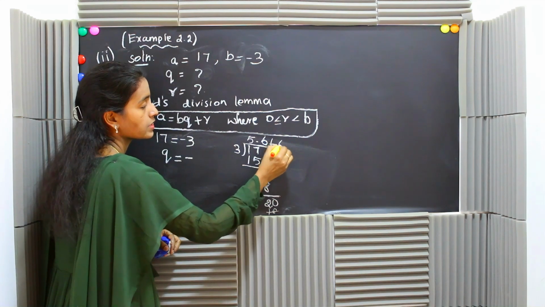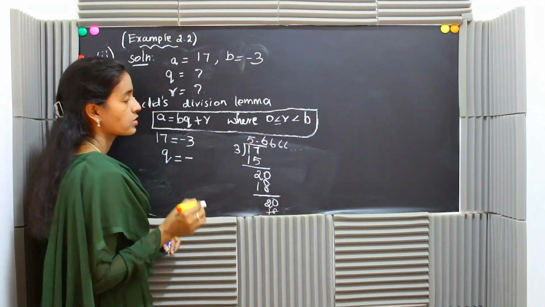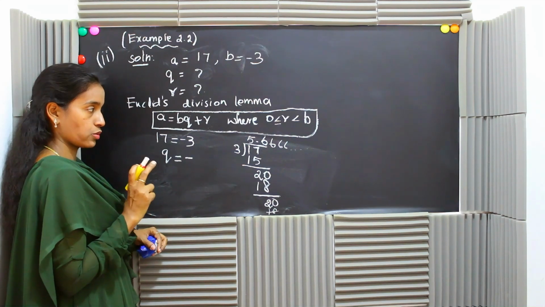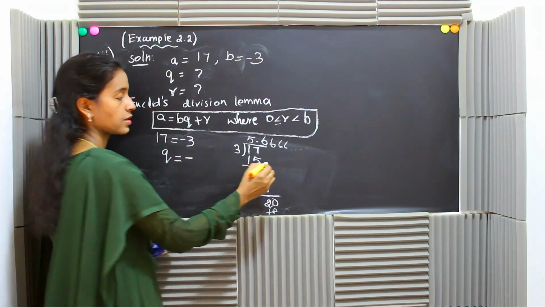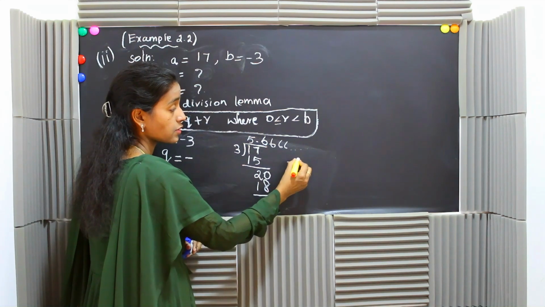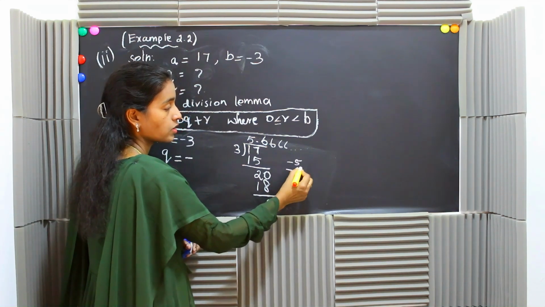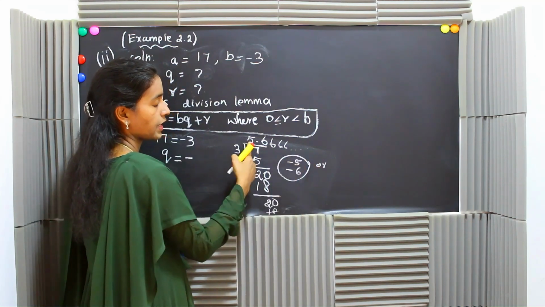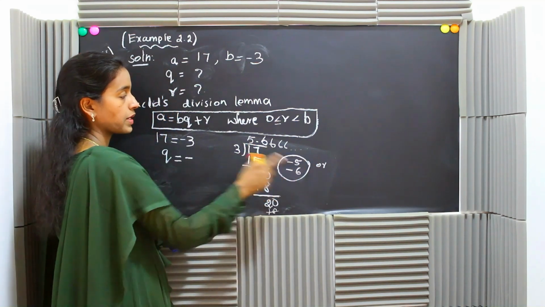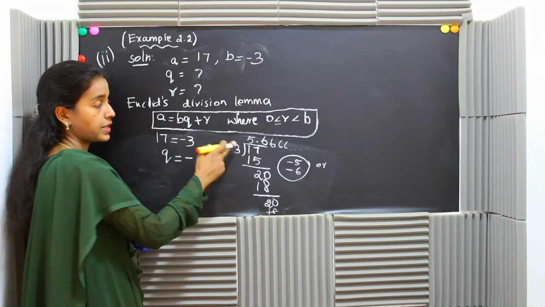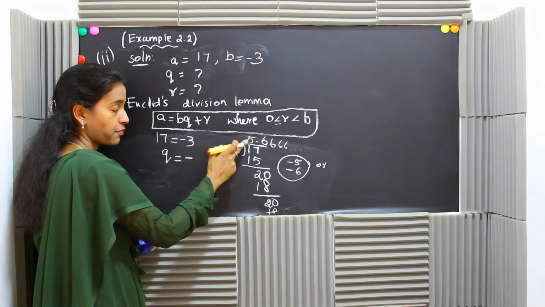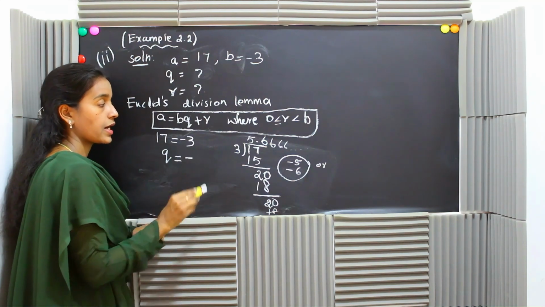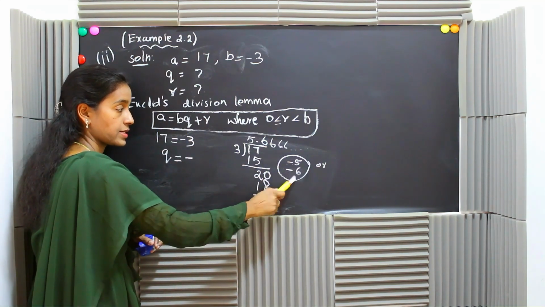The quotient will be 5.666 and it goes on. So what could be the exact answer of Q, the quotient? Either minus 5 or minus 6, because I am having 5.6.